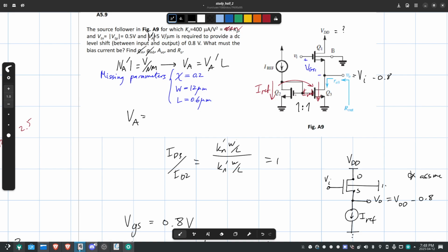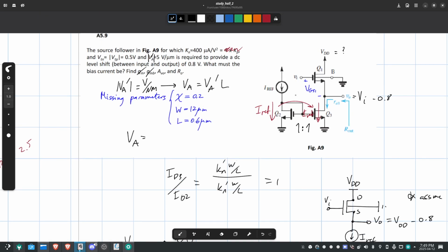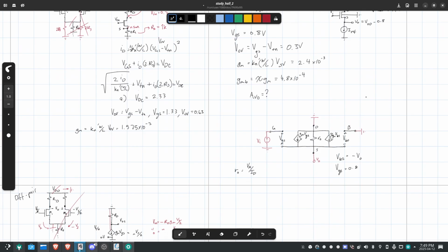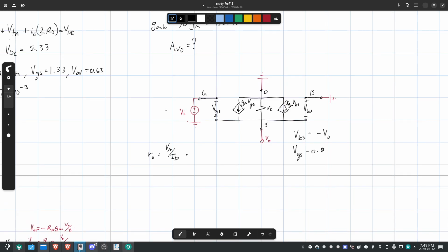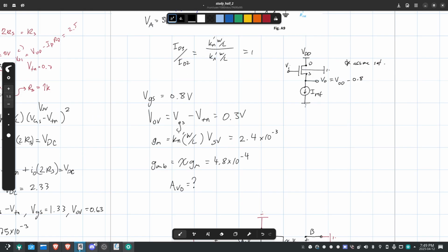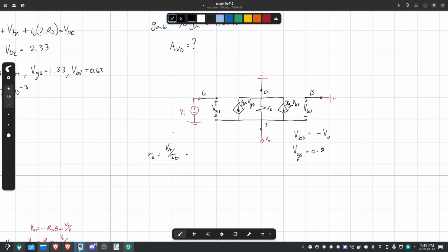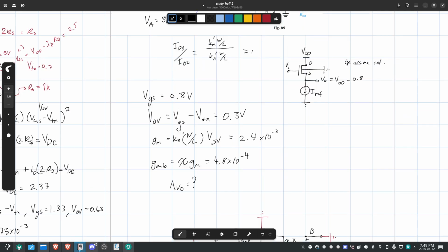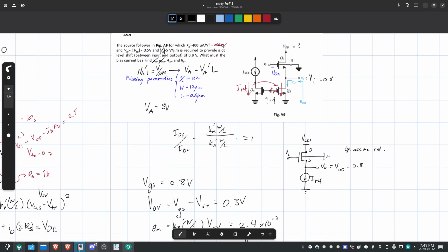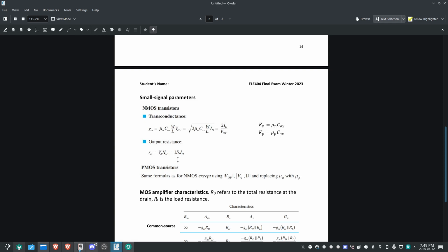So, whatever. 5 times the length is 0.6. Those units are the same, so they cancel out. So VA is 3 volts. So RO is going to be 3 divided by our current. We don't have a current. Okay. Now we're at another roadblock here. So we need to find the... Oh, wait. Do we? Yeah, no, we need to find the current.